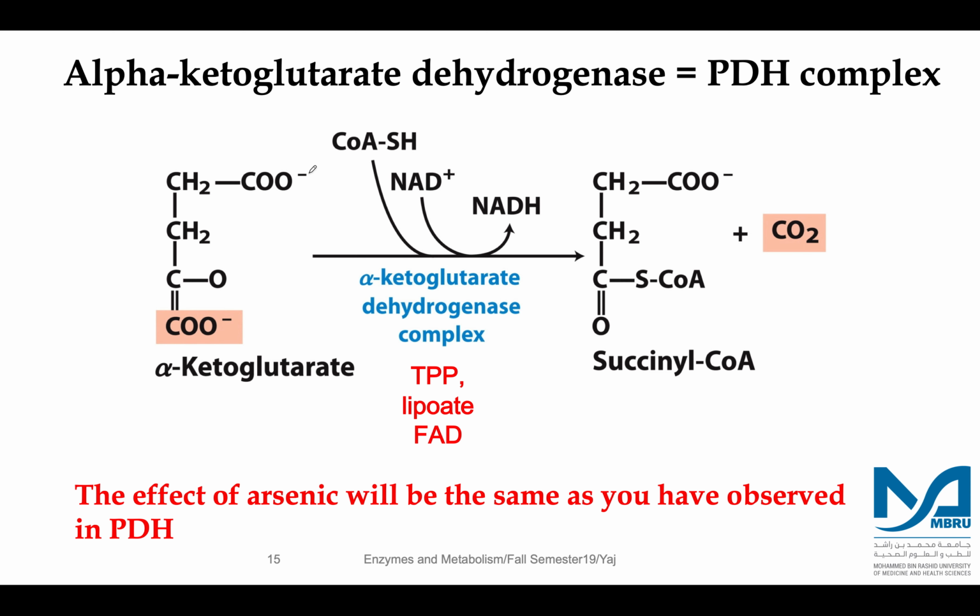The next step that we have to look at is the conversion of alpha-ketoglutarate to succinyl coenzyme A. Why we need to look at this particular step is because the enzyme alpha-ketoglutarate dehydrogenase is also a complex similar to the pyruvate dehydrogenase complex. That means the enzymes in the complex act as a module.